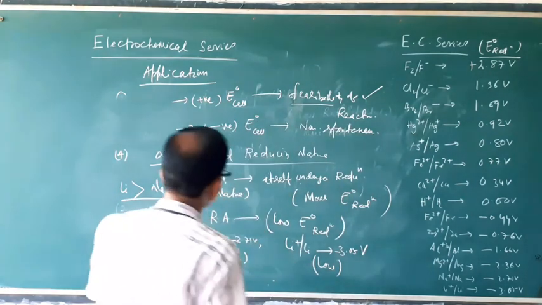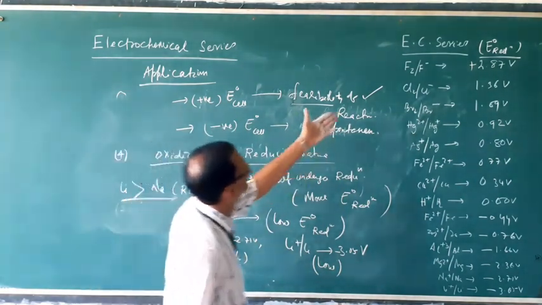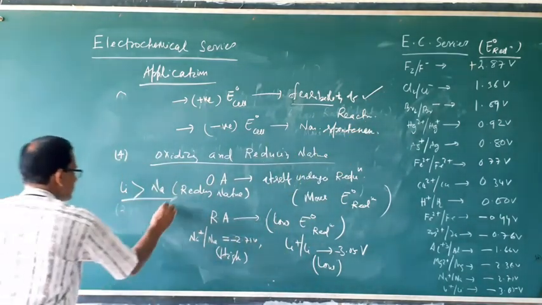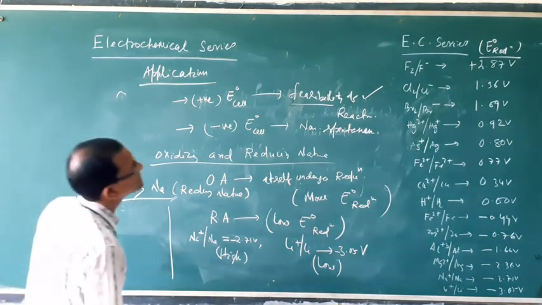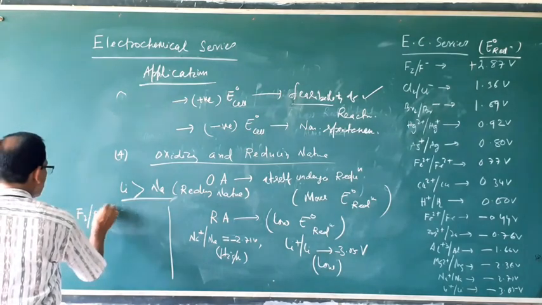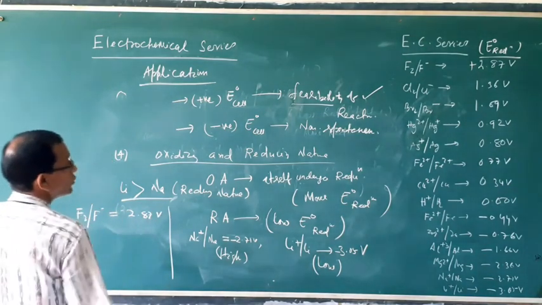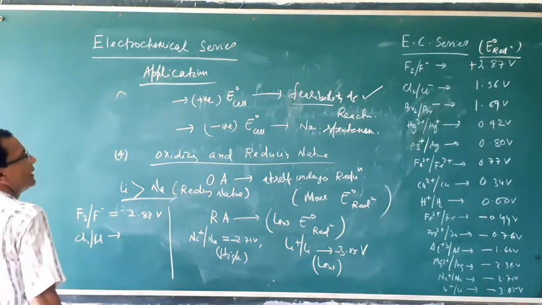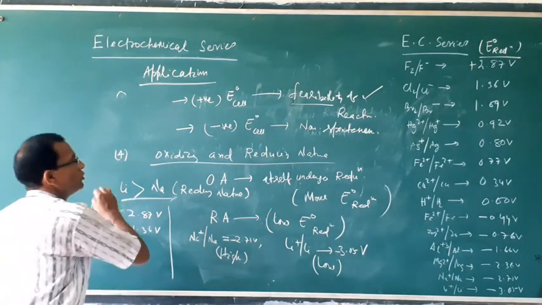Oxidizing character is just the opposite. Between fluorine and chlorine, the fluorine value is 2.87 volt, and the chlorine value, as per the table, is 1.36 volt.